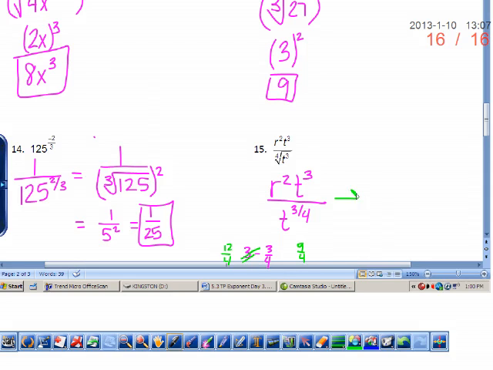So what am I going to end up with? r squared times t to the 9/4. You can leave it like this, or you can rewrite it as the 4th root of t to the 9th times r squared. So they're both just as simplified? Yep. They're both just as simplified.